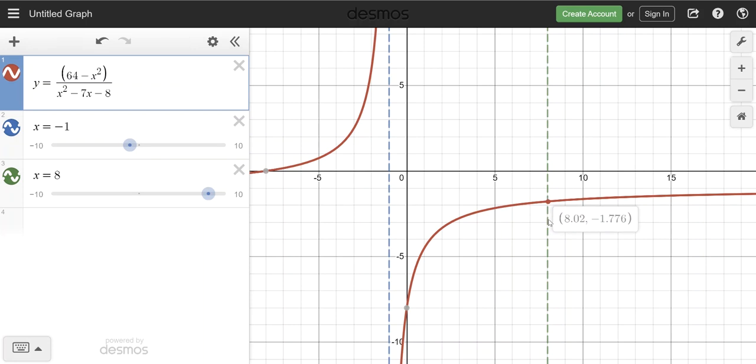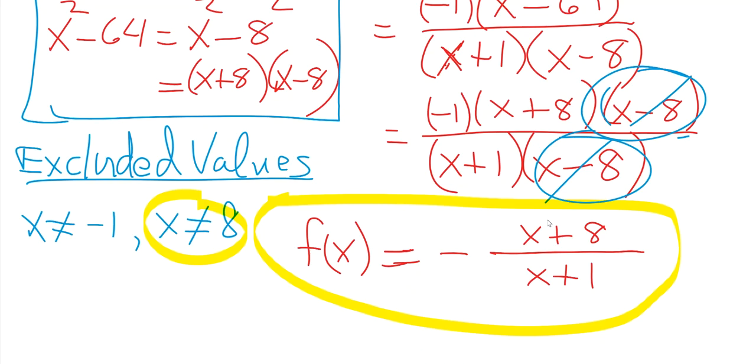When we get to 8, we should find something funny. There it is. Believe it or not, 8 and undefined, a hole in the graph. Notice the red dot went to an open circle. It's a hole in the graph. That's why it's labeled as undefined. And this point 8 is called a removable discontinuity. I should probably write that down over here so that you can see it written. It'll help you to remember it.